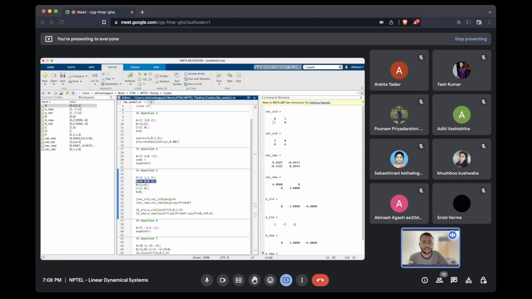So the eigenvalues are also of that form. But now when I transform the system, that is take the eigenvalues and vectors of P inverse AP, then this is the eigenvector matrix, while this is the eigenvalue matrix.